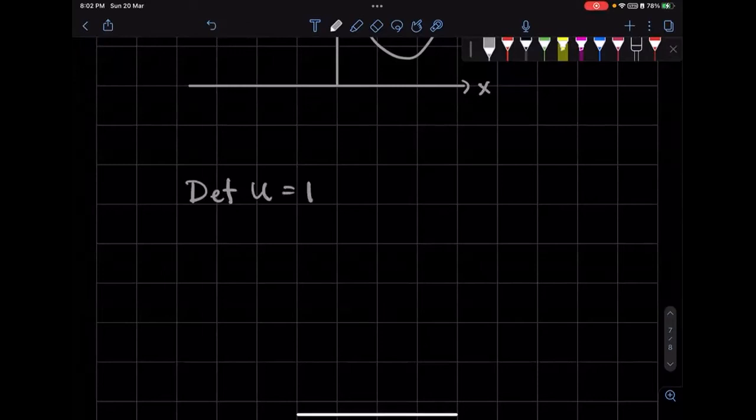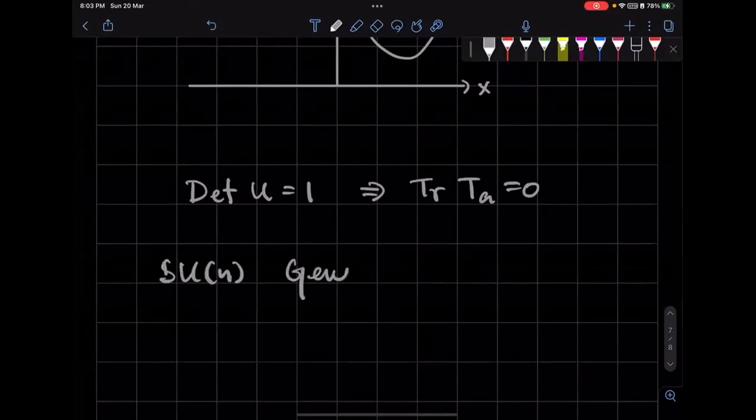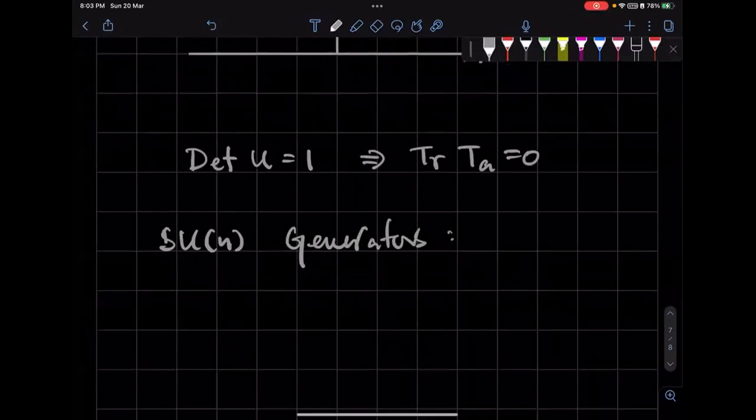And we know from our formula relating the determinant of a matrix and the trace of its generator that this implies that the trace of the generator must be 0. So we see that SUN generators are Hermitian, which is true also for UN.